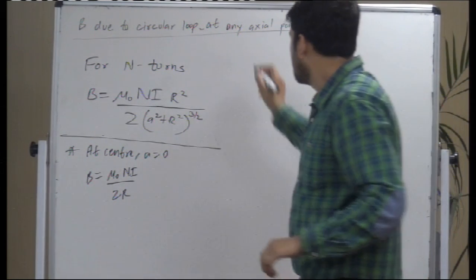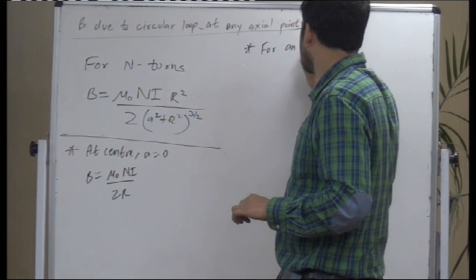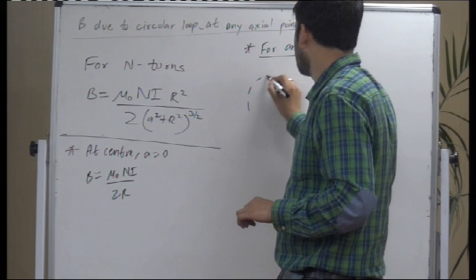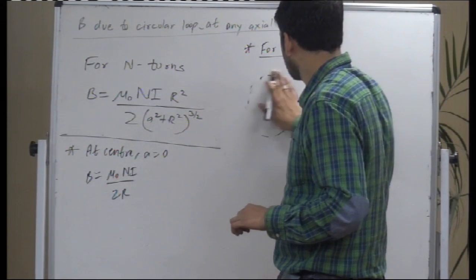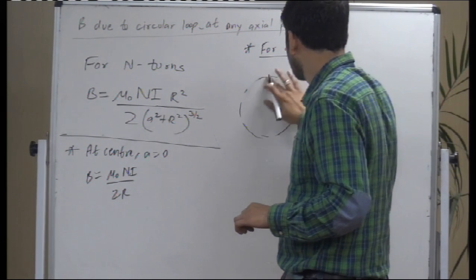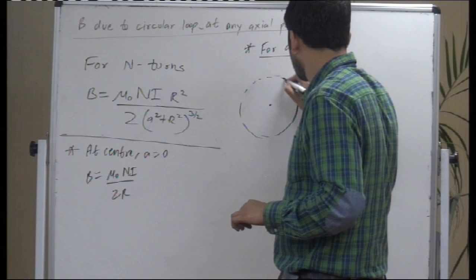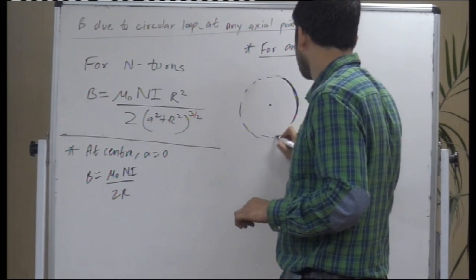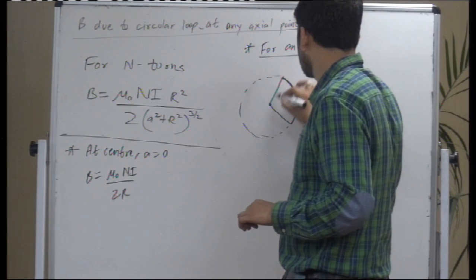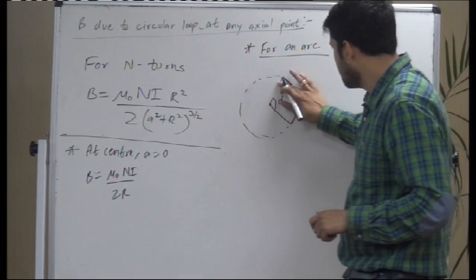Now for an arc, let's say this is an arc which makes an angle alpha at the center.